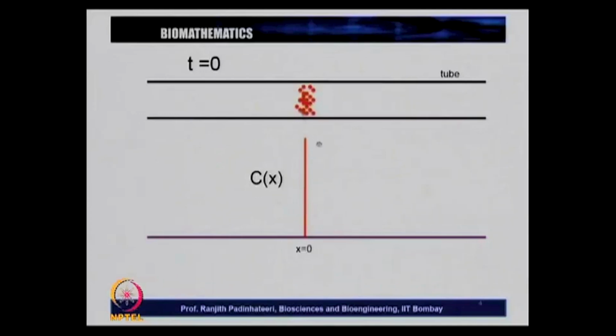Which says that everywhere else the concentration is 0, and the concentration is non-zero only at x equal to 0. Only here you have particles, and here you have no particles. This picture is written in the form of a graph here.